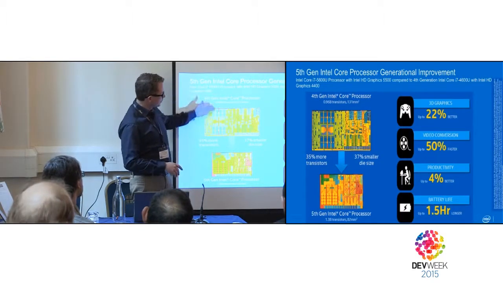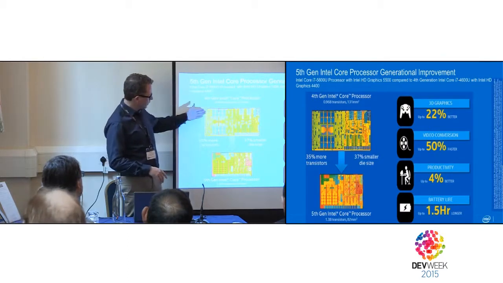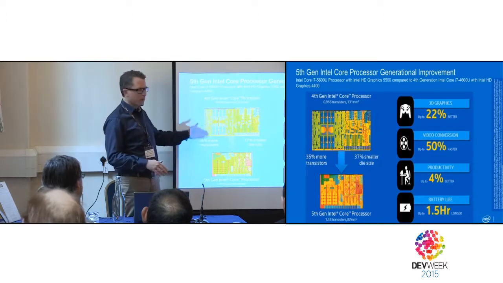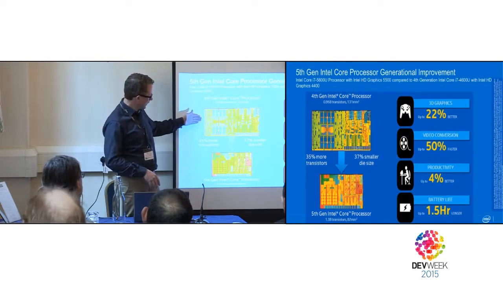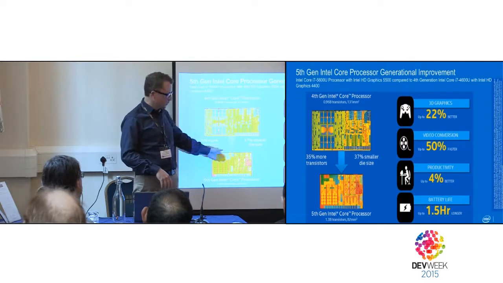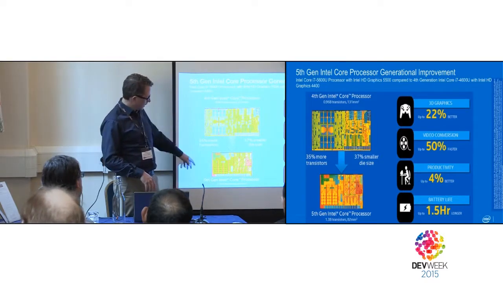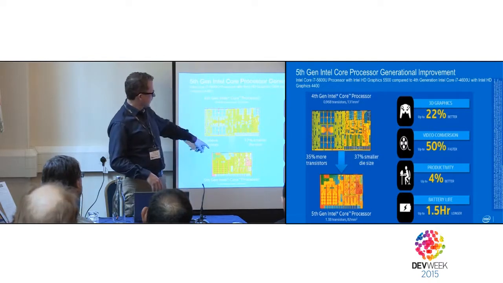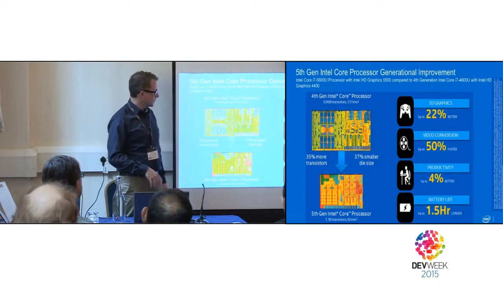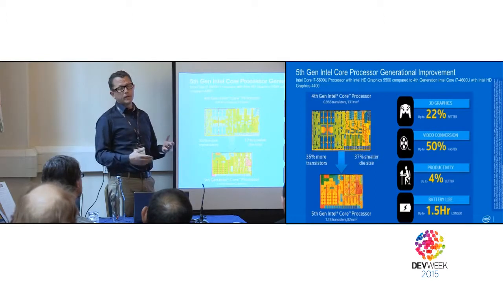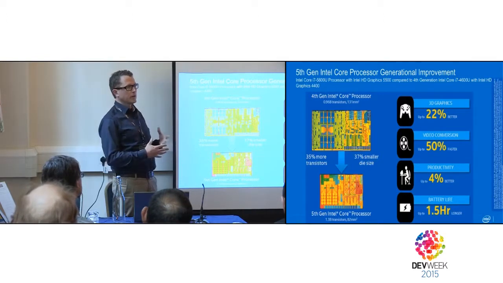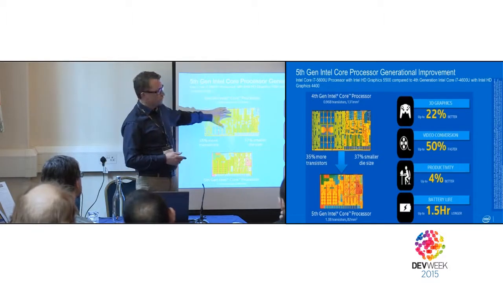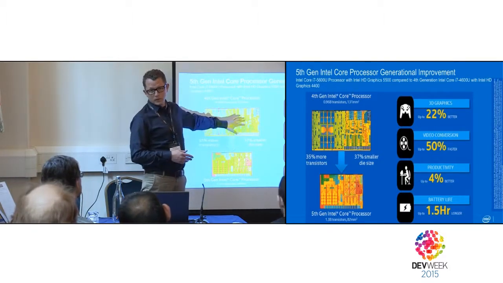This is just to show you the improvement from last generation to the newest generation. It was called the 4th generation. Every year we come up with a new generation. So if you see, there are 35% more transistors. So now it's 1.3 billion on a Core i7, and the 37% smaller die size. And we find that C++ developers who really are very close to the bare metal are not really using all the transistors, right?